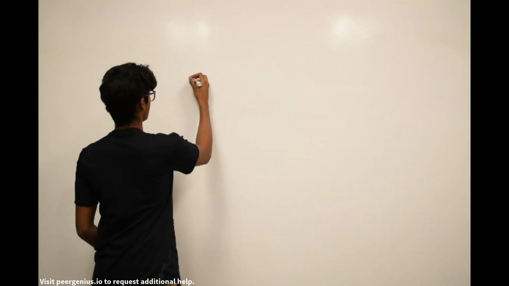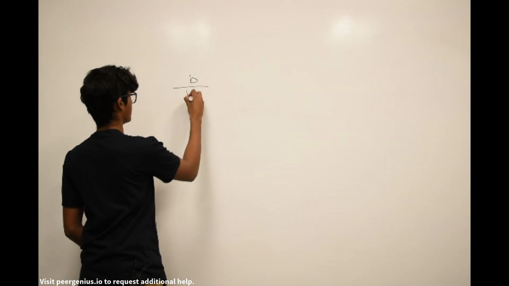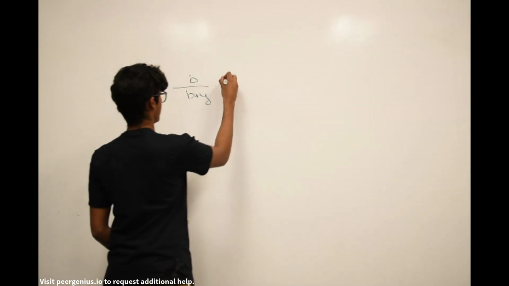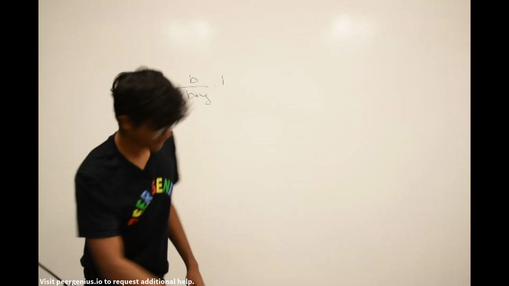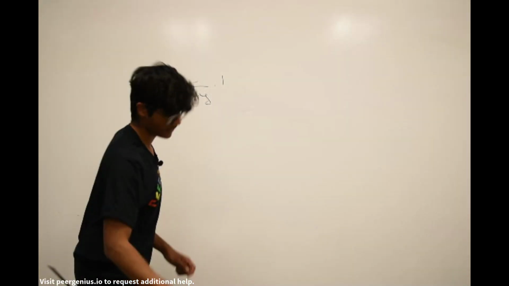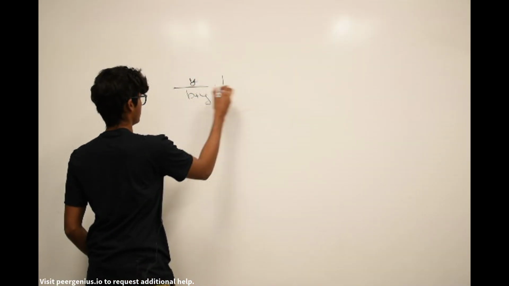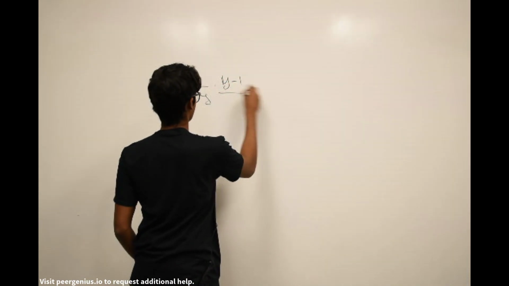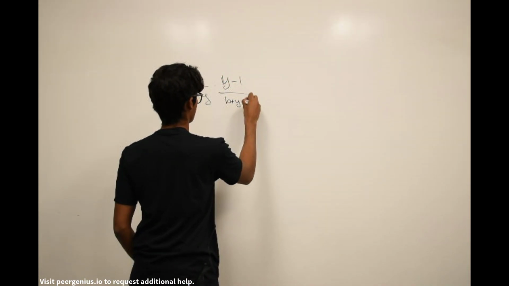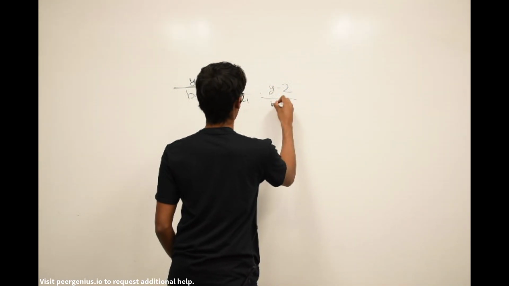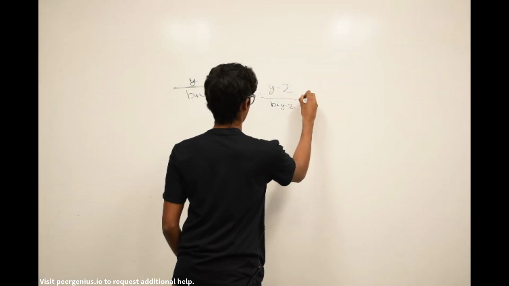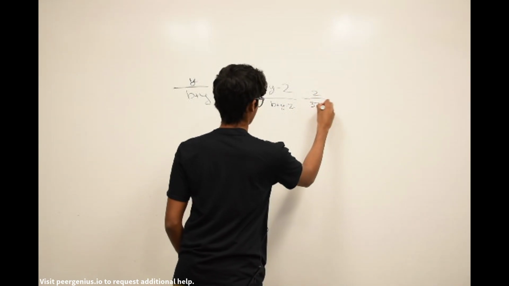So it's like y over b plus y, times y minus 1 over b plus y minus 1, and so on.